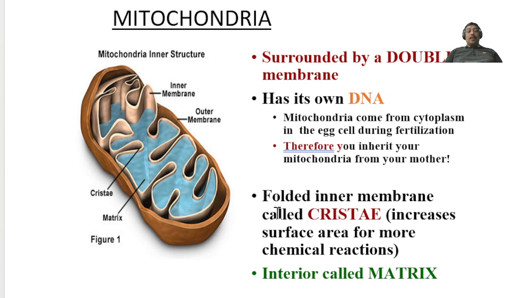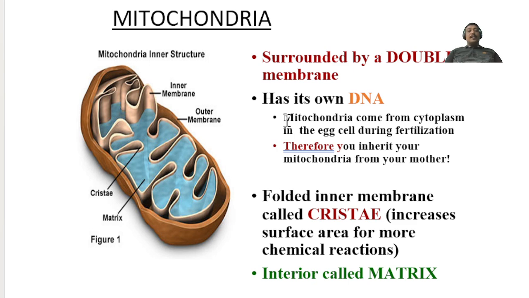Another fascinating aspect about mitochondria is that apart from the nucleus, mitochondria also has its own DNA. Through research, it was confirmed that the DNA from the mother is passed on to the children through mitochondria.